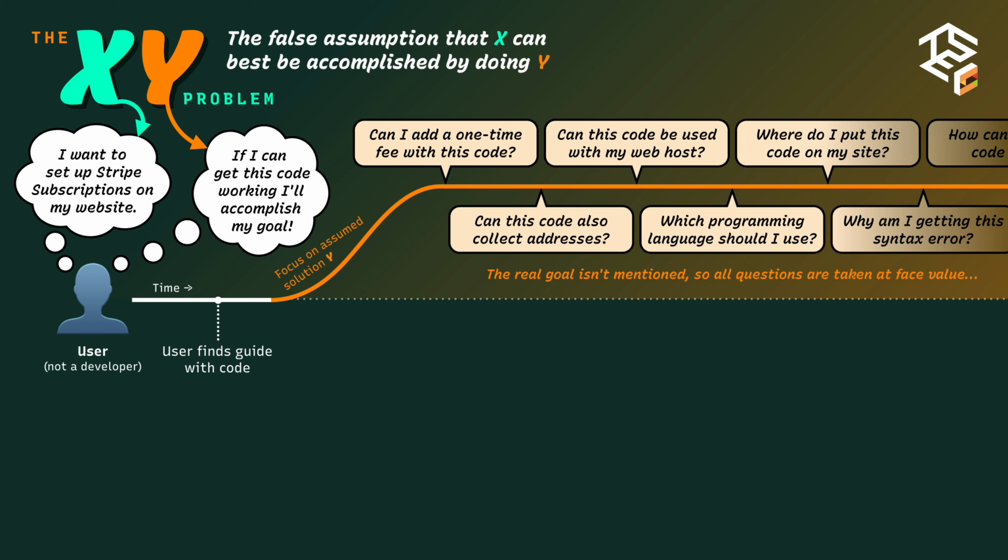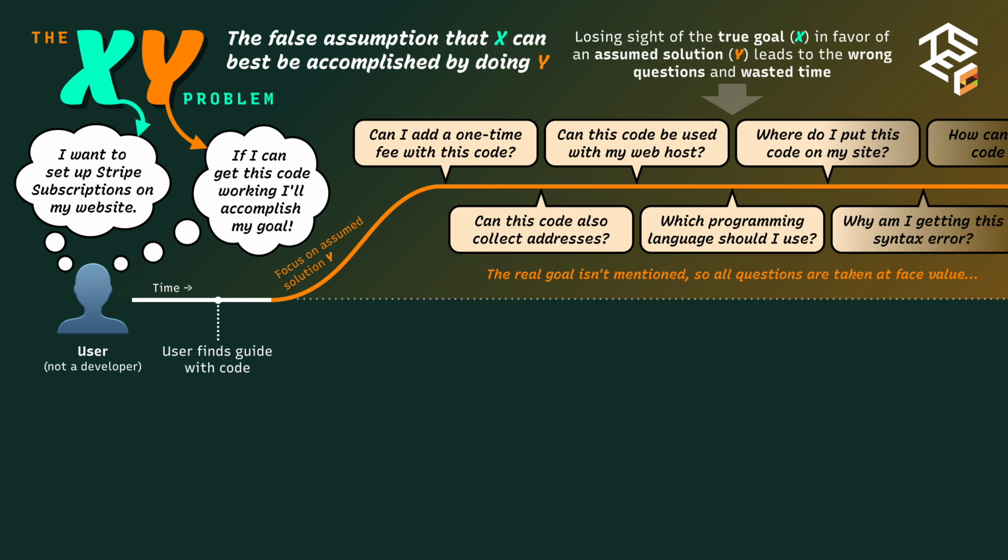On this timeline, the user might eventually assemble a working subscriptions integration, but they'll have spent a lot of their own time and effort to create something they don't really understand, which is likely of questionable quality and is unlikely to serve them well in the long term. They've also used up quite a bit of Stripe's time getting all these questions answered. Losing sight of the true goal in favor of an assumed solution leads to the wrong questions and wasted time.